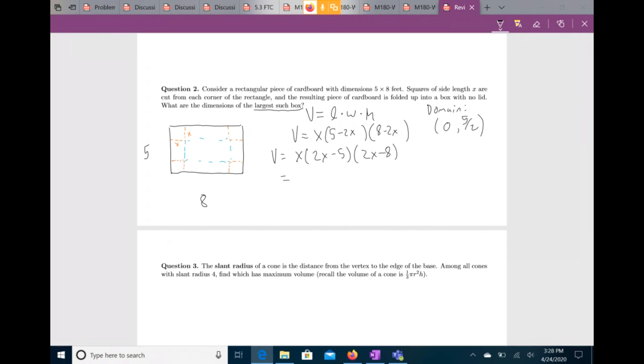If I distribute this x, I get 2x squared minus 5x times 2x minus 8, which gives me 4x cubed minus 16x squared minus 10x plus 40x.